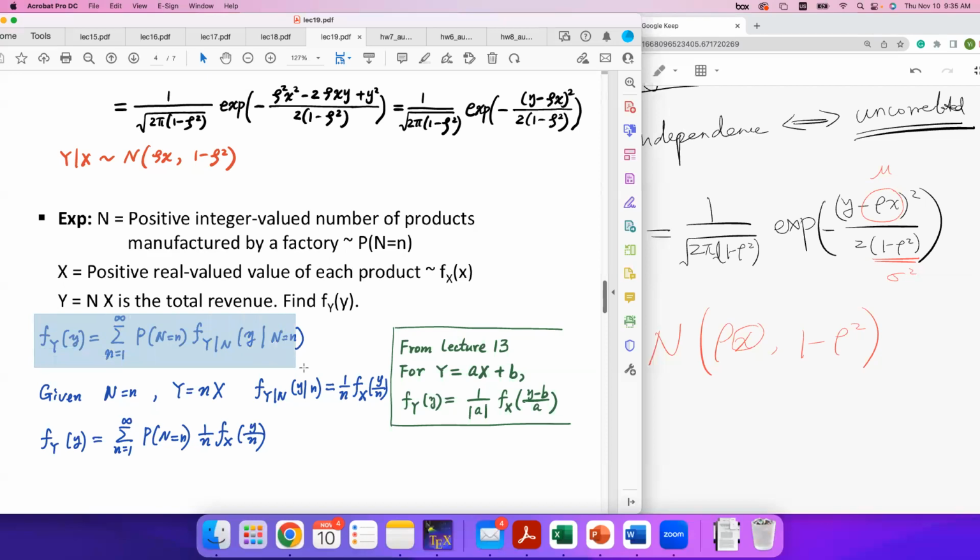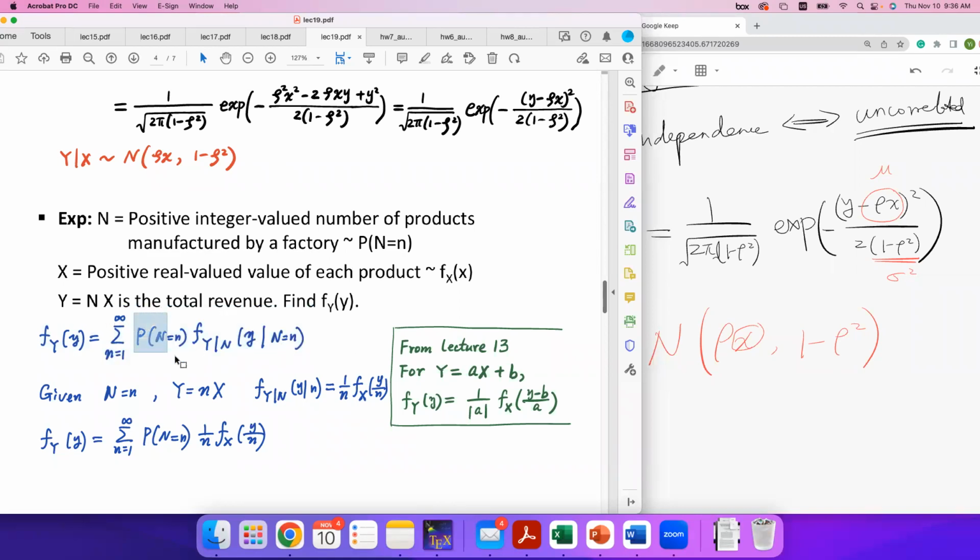So here is a general decomposition of the total revenue in terms of the total number of products manufactured by the factory. Right? If you look at this, this is like a total probability law.